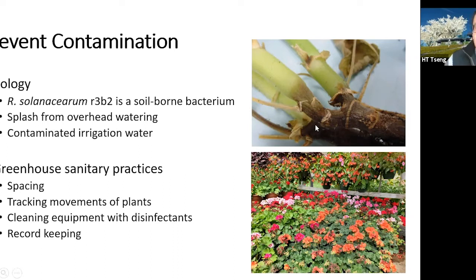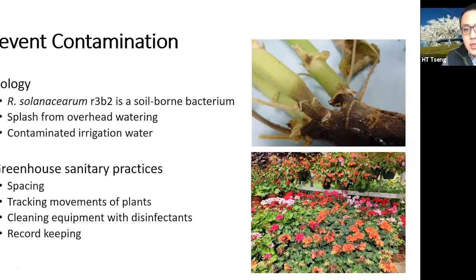For example, this is what the infected plant may look like towards the base, the crown area. All these dark necrotic regions will ooze out bacteria. So if you use overhead watering, water may touch this and splash to neighboring plants. That's the main way it could spread in your greenhouse.